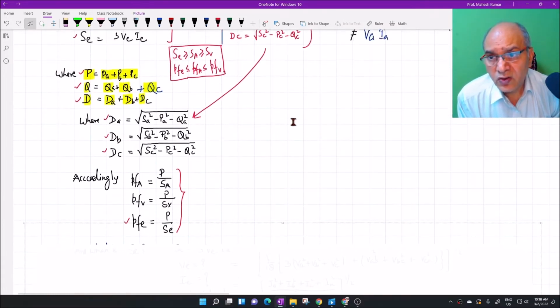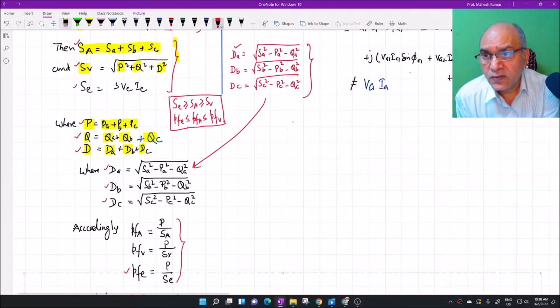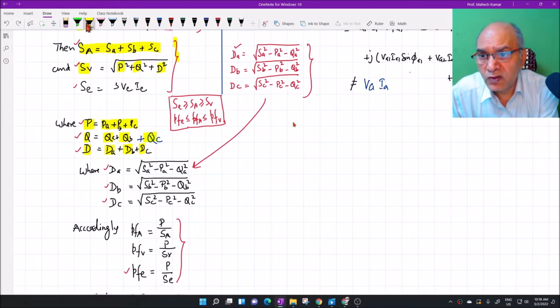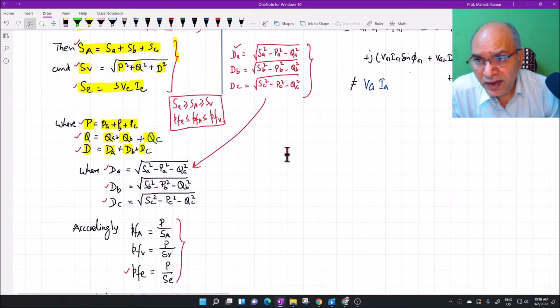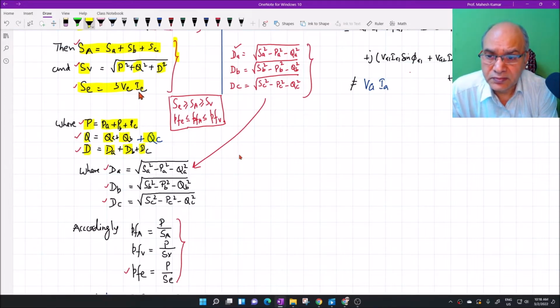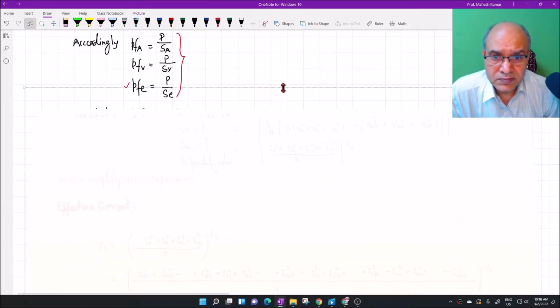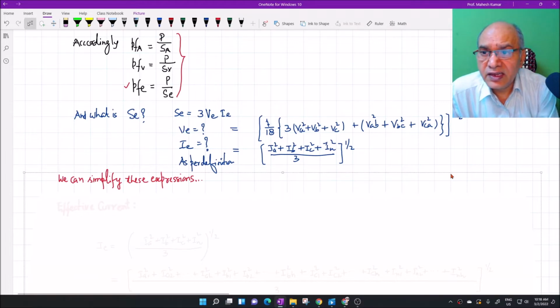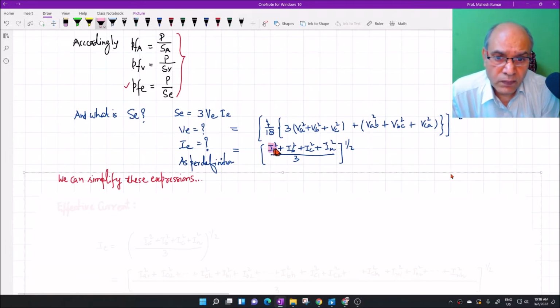Now, let us focus on the SE. For this unbalance with distortion, how will you compute the value of SE? So we have defined the SE as 3 times of VE into IE. And we also have defined the value of VE and IE based on the same losses and same output. We have proved earlier that the value of IE is nothing but the square root of IA squared plus IB squared plus IC squared plus IN squared by 3.